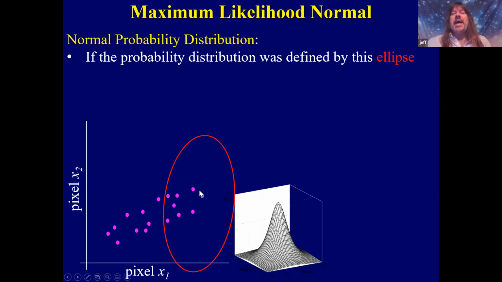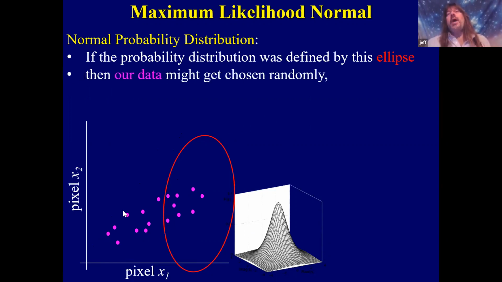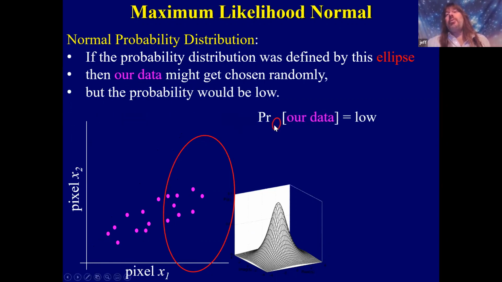And you might ask, given this probability distribution, are you going to obtain this data, right? Well, you might get this data. It's certainly possible, but we're going to say the probability of getting this data given this ellipse is relatively low, right? Does that make sense?